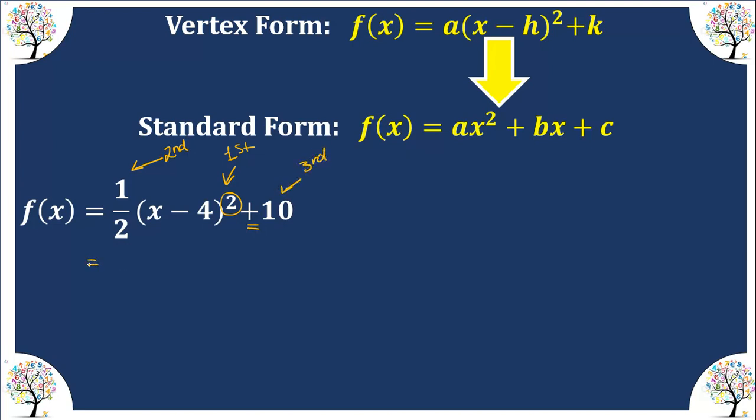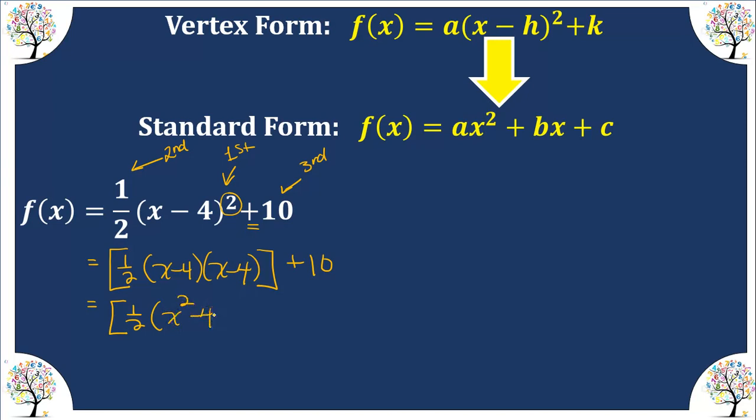I am going to use grouping symbols for this. So I have 1/2 times x minus 4 times x minus 4, and then plus 10. This is going to remind me, do not add in the 10 until the very end. X squared minus 4x minus 4x plus 16. We're going to combine our linear terms.